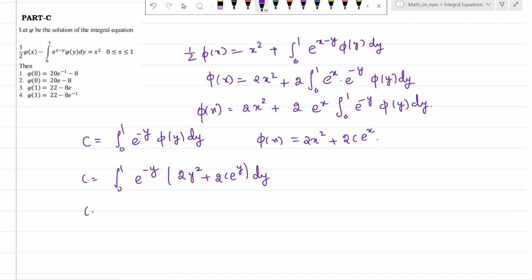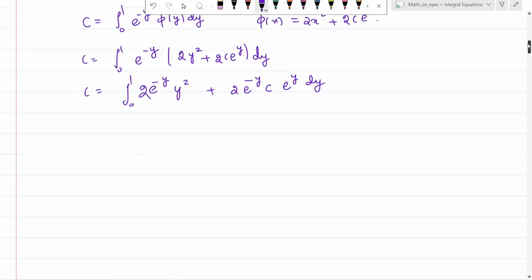So c is equal to integral 0 to 1 e to the power minus y times 2y squared plus 2 e to the power minus y c e to the power y into dy. So c is equal to 2, which can be taken outside, integral 0 to 1 y squared into e to the power minus y dy, and then plus 2c, where e power minus y and e power y cancel, we get 1.